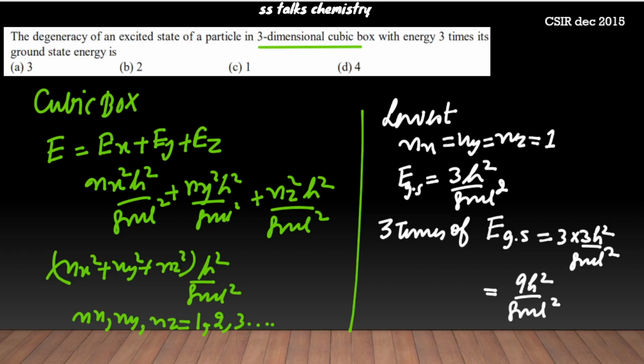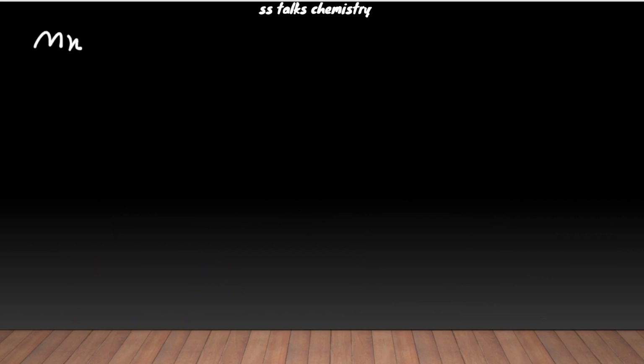That means this value is now equal to nx square plus ny square plus nz square into h square upon 8 ml square. On comparing these two, we are getting the sum of nx square plus ny square plus nz square equal to 9.